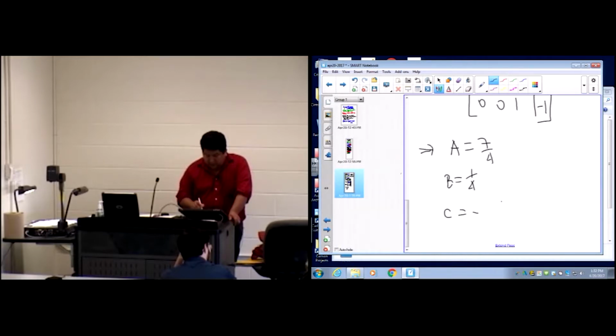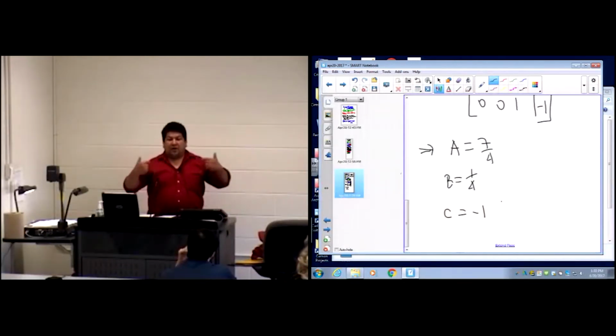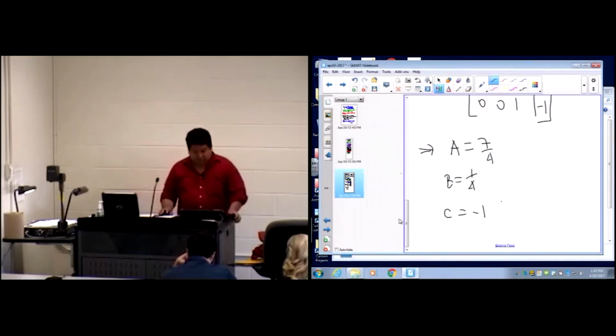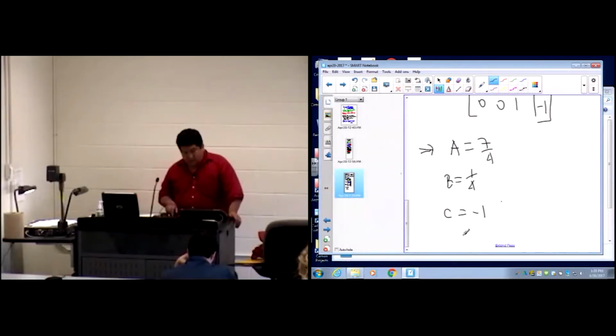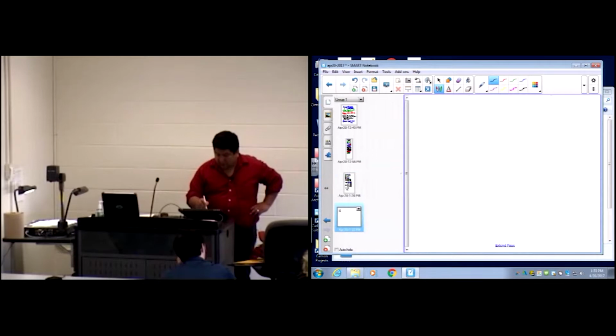So this would lead us to conclude that, so therefore, big X could be expressed as 7/4 over S plus 1, plus 1/4 over S plus 5, plus -1 over S plus 2.